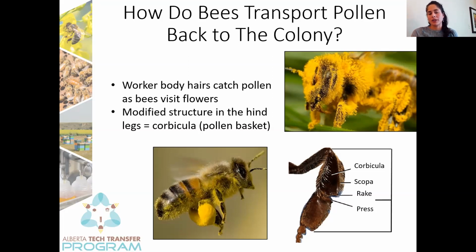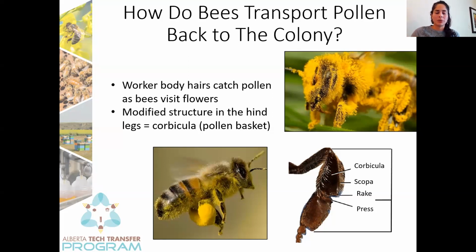They brush all that pollen with another structure on their hind legs called the rake, and they use that press structure to compact the pollen into a nicer ball, so it doesn't fall off when they're flying back.